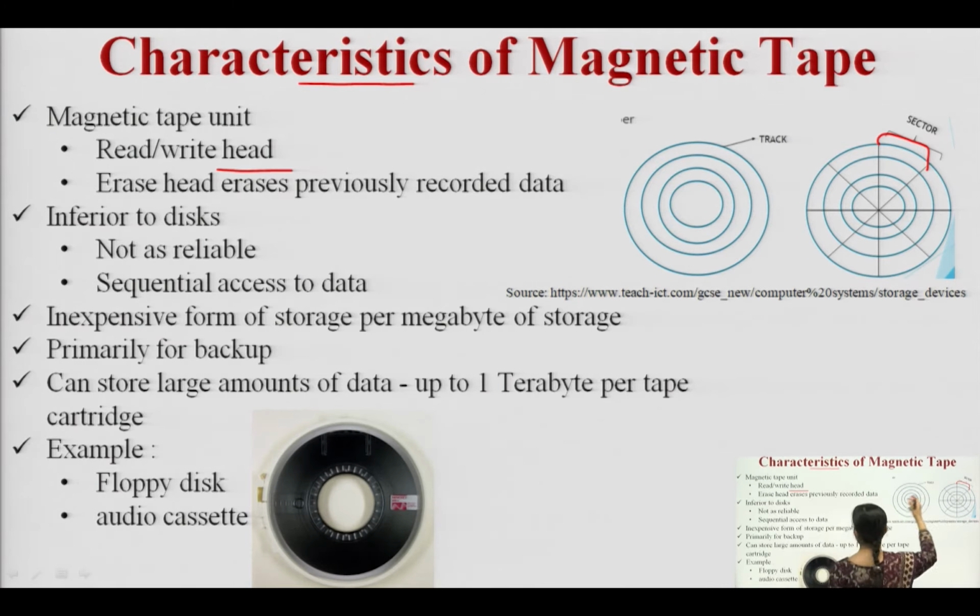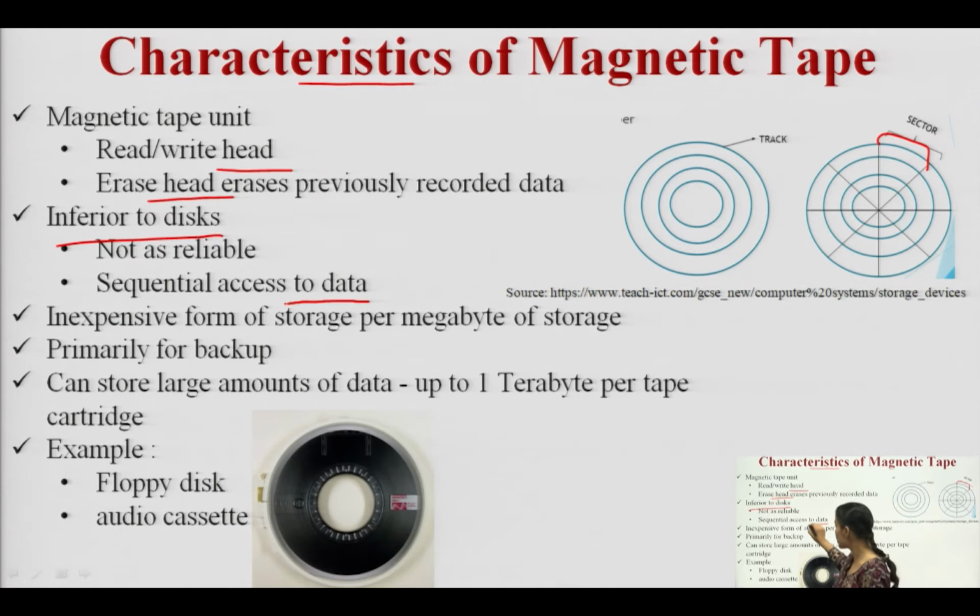There is one common read and write head that tells us which kind of operation is being performed. Then there is an erase head that erases previously recorded data if it is not required.